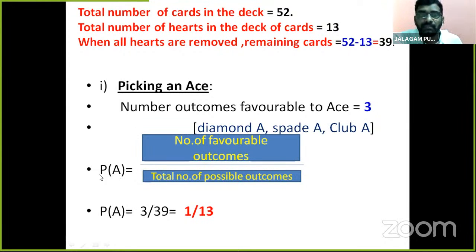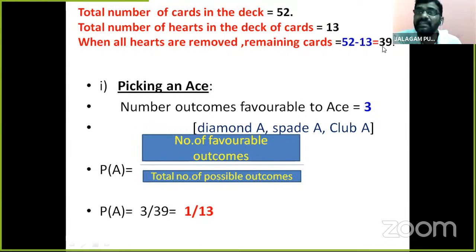So here P of A, probability of A, is equal to number of favorable outcomes by total number of possible outcomes. Favorable outcomes is how many? 3. Total possible outcomes 39. Here not 52. Why? Because already we removed heart shapes totally.